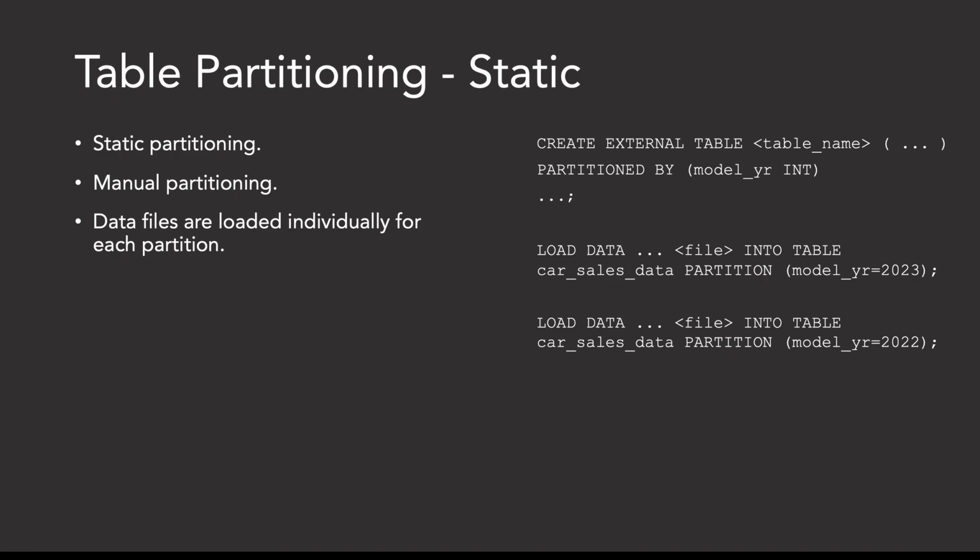So make sure that you load records with model year value 2023. Similar is the case here also. You have to load the data into this particular table and the partition will be model year 2022, and the file that you are using to load the partition should have records of cars with model year 2022 only.